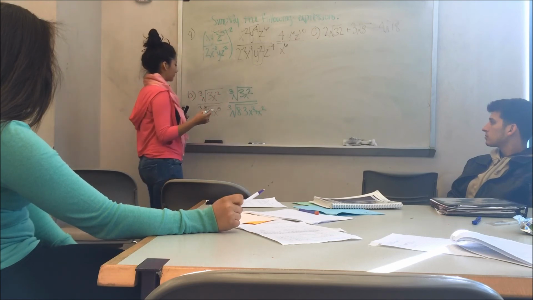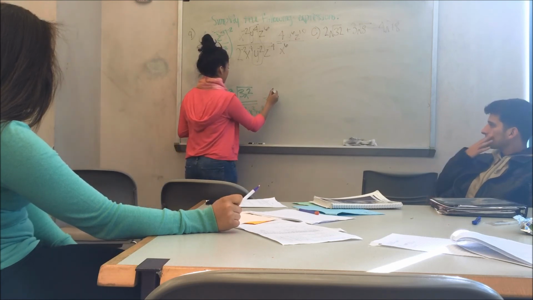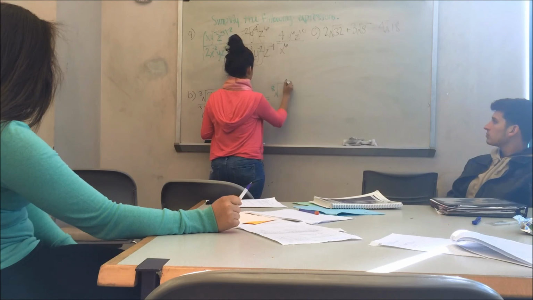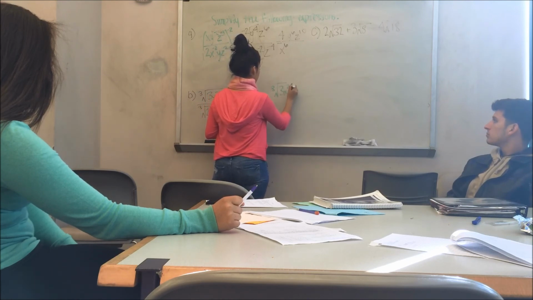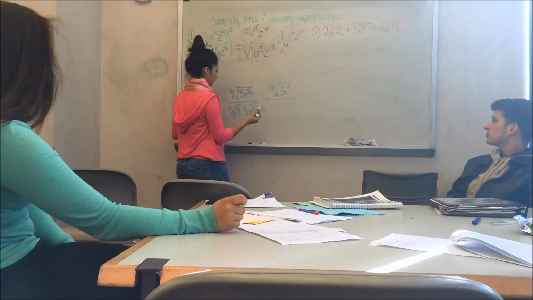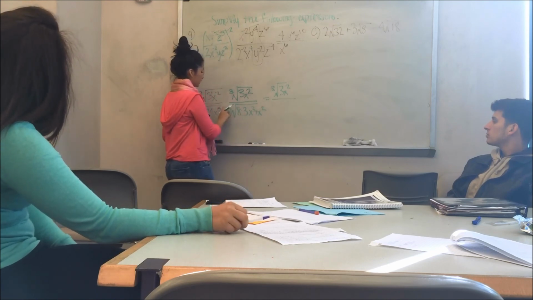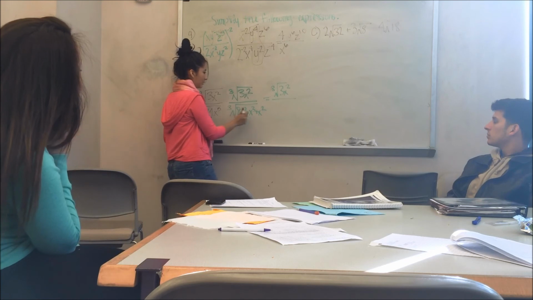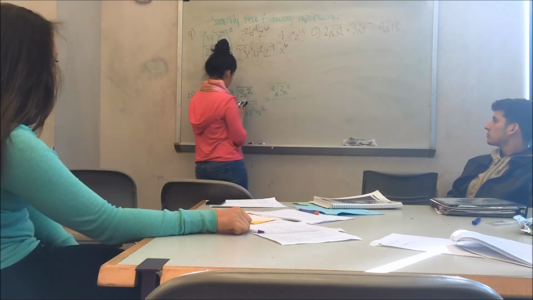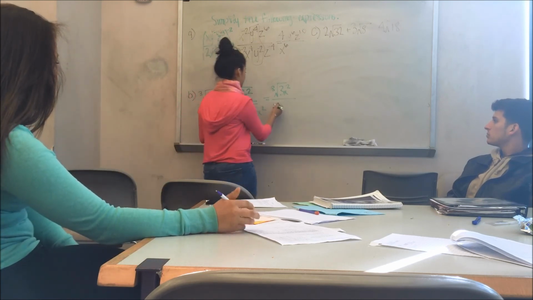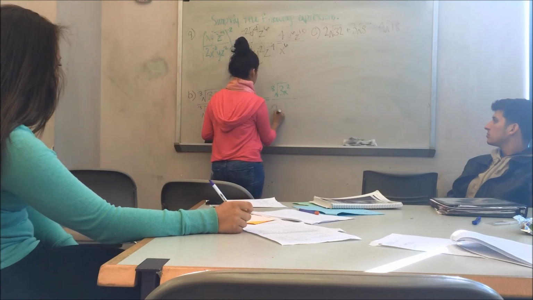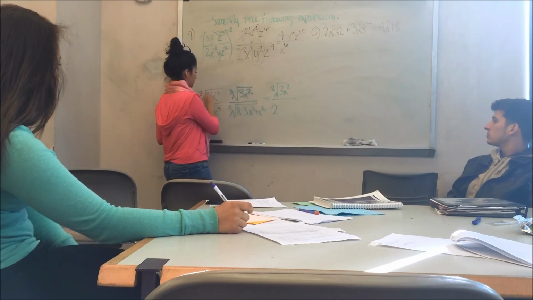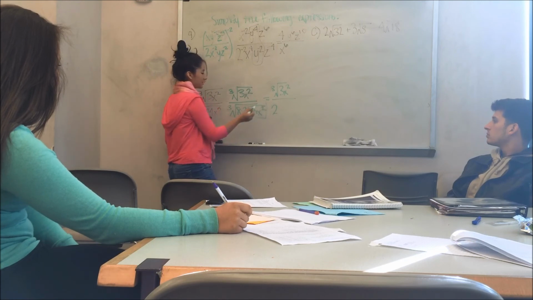So then now what we would do is we leave the top the same. And then the bottom, what we want to do is the cube root of 8 would be equal to 2. So 2, we take that out, and this part is equal to x to the 5th.